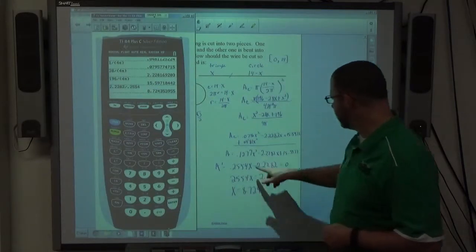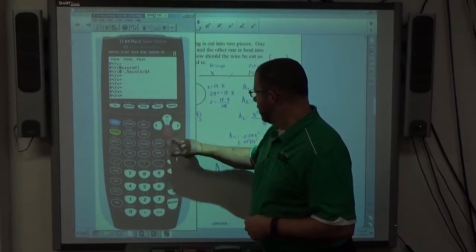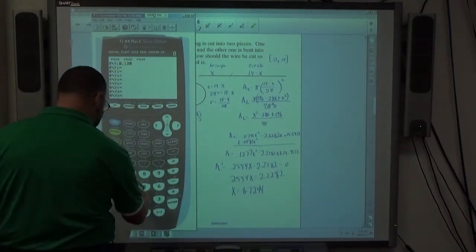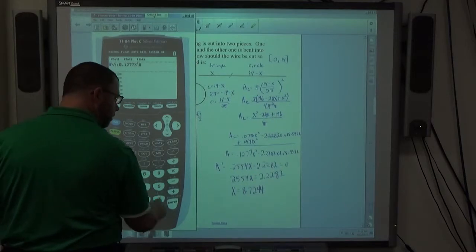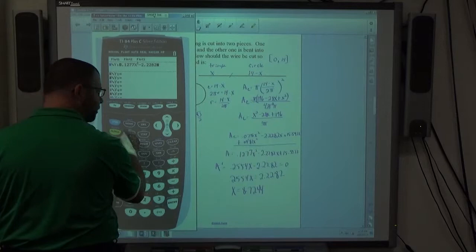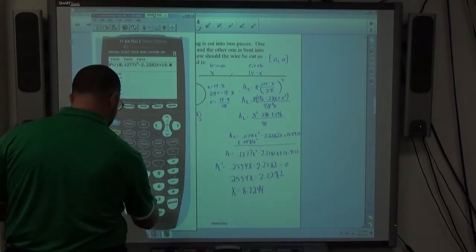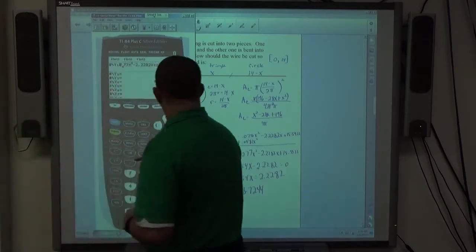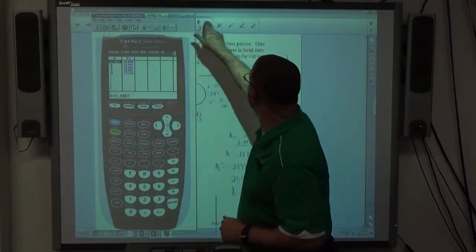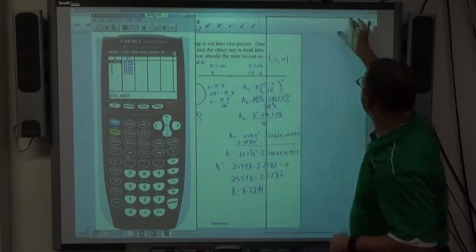To find those areas, I simply type the area formula in: 0.1277x squared minus 2.2282x plus 15.5972. All right, go to my table and enter my three numbers.